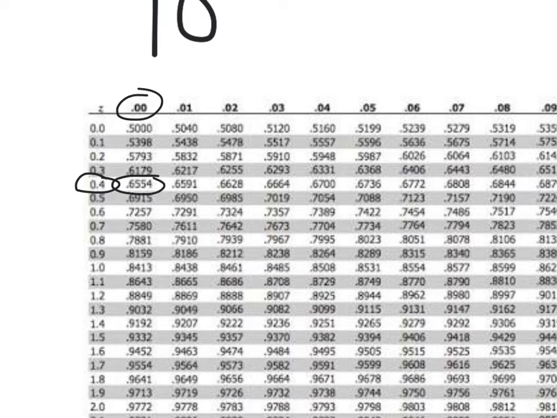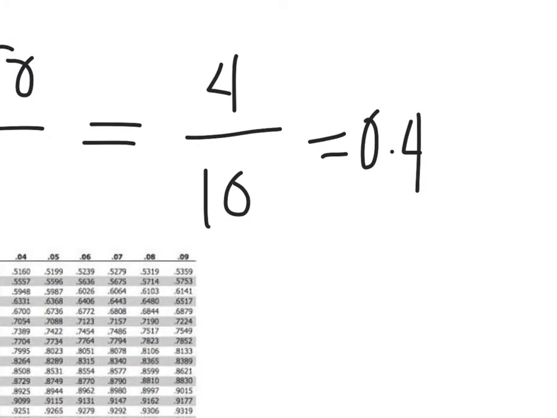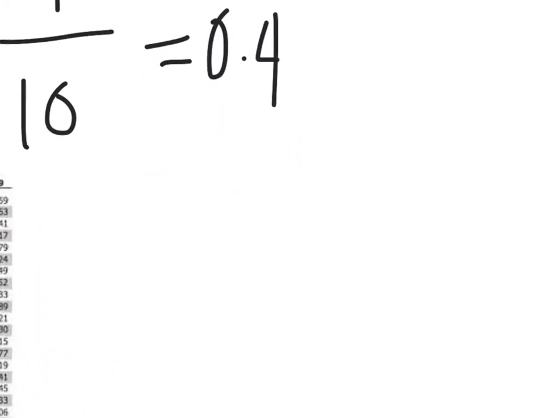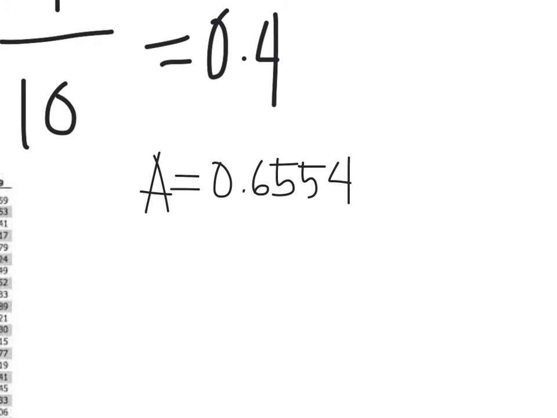And the area to the left of the z-score is 0.6554. So the area is equal to 0.6554.